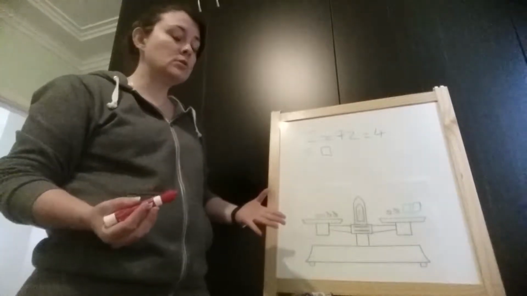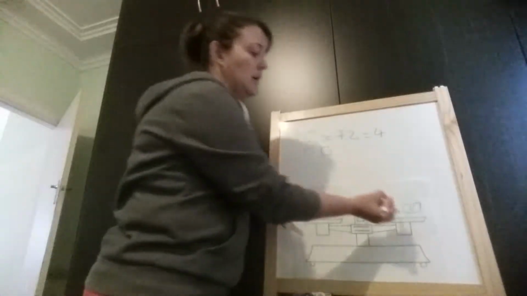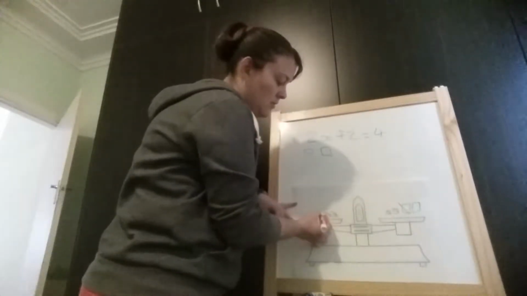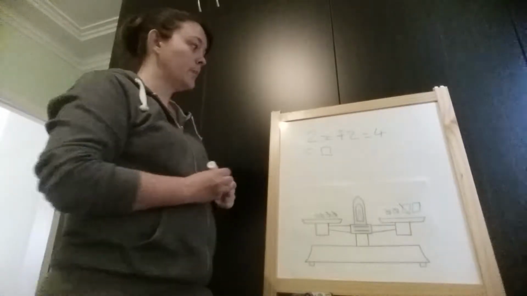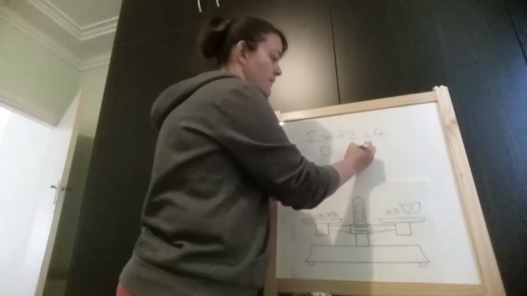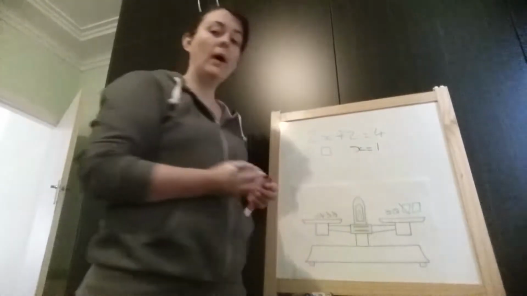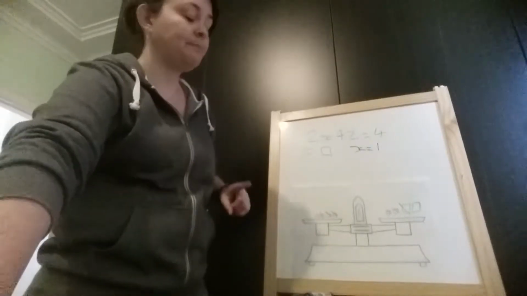So what we can do to make it so we only have 1 square and 1 circle is divide by 2. So we'll end up with 1 square and 1 circle. So in this equation up here, our x will equal 1. So the square represents 1 circle.